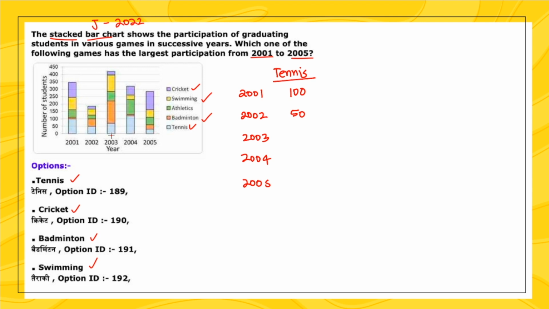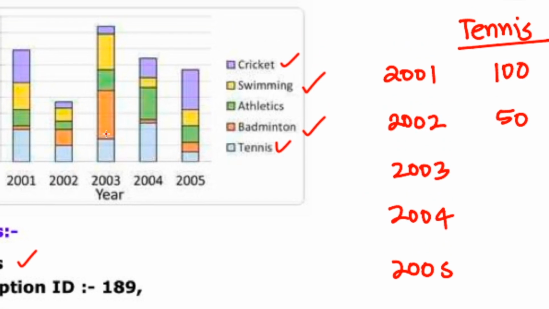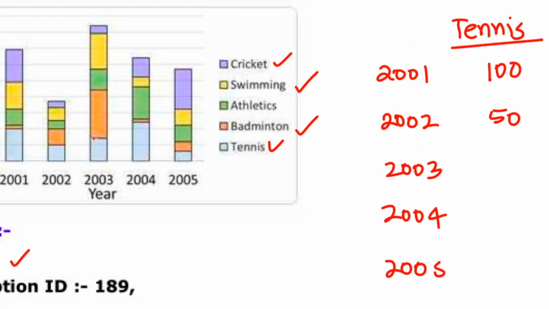In 2003 you will see that one block and half of the other block, so you can consider it somewhat, or if you zoom in and see, so that looks okay. So this looks a little bit like twice of this number, right? So 10 and 10, 20, you can consider over here. So 50 plus 20 is 70.